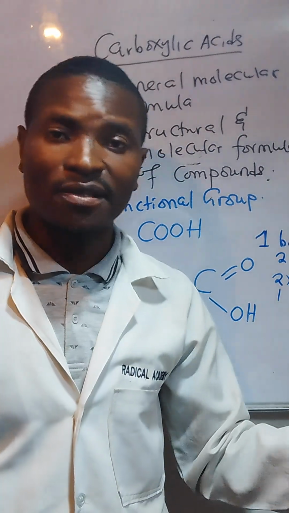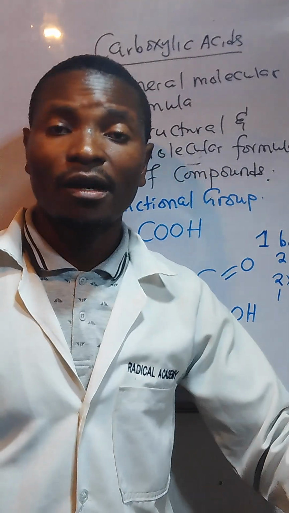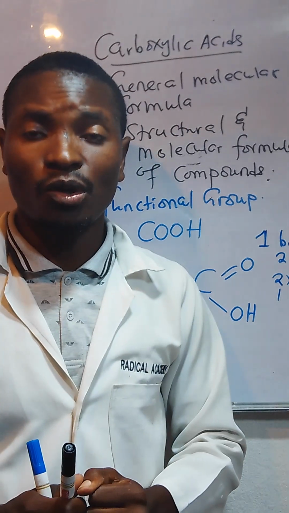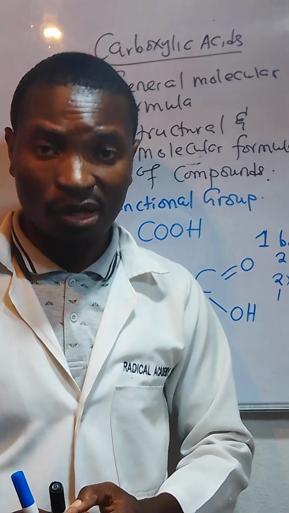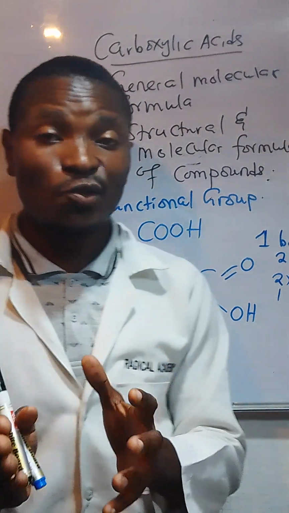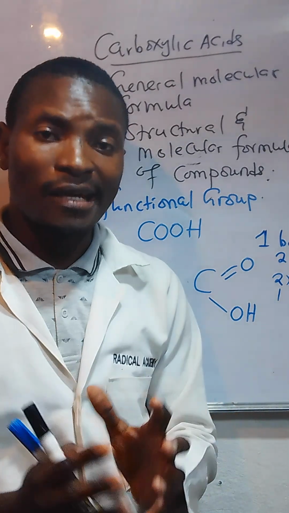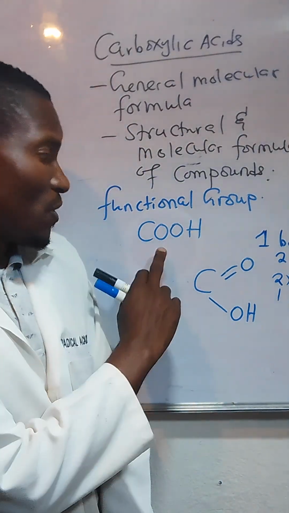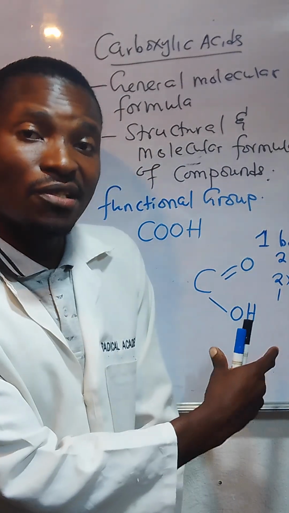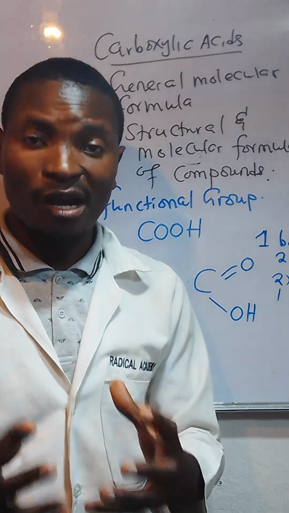Is it the carboxylic acids? Is it the esters? Is it the ketones? Or is it the alkanes, the alkenes, and other classes of hydrocarbons? Or is it maybe the alcohols? So basically, this is what you need to understand, that carboxylic acids have a functional group which is molecularly COOH, and structurally, this is how you can draw this functional group.